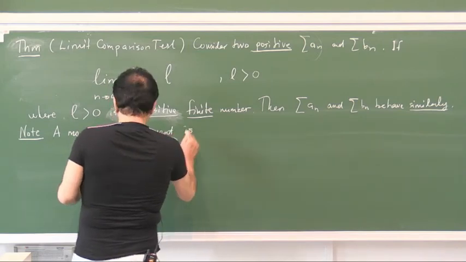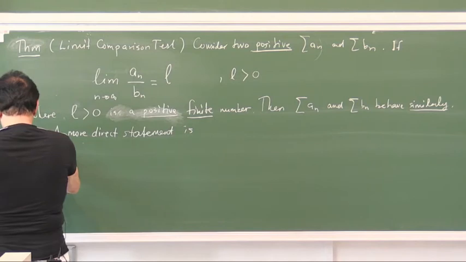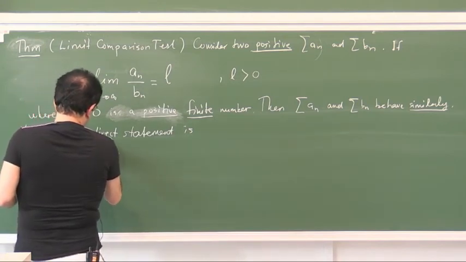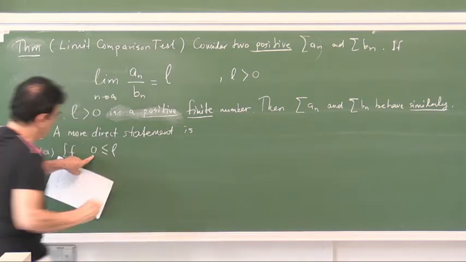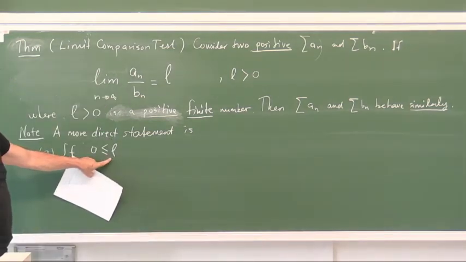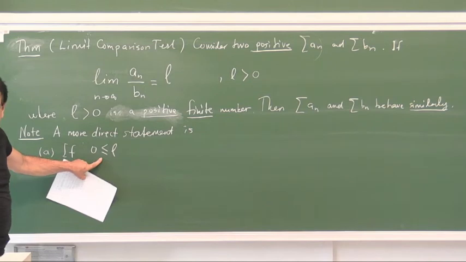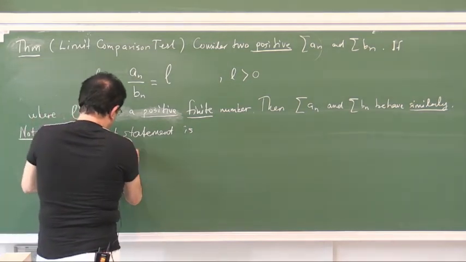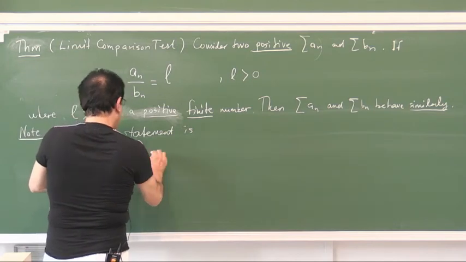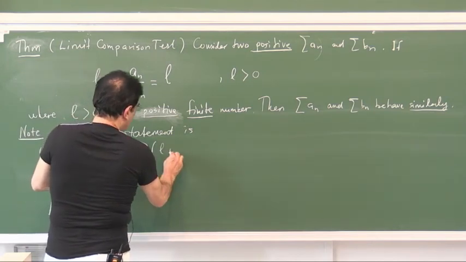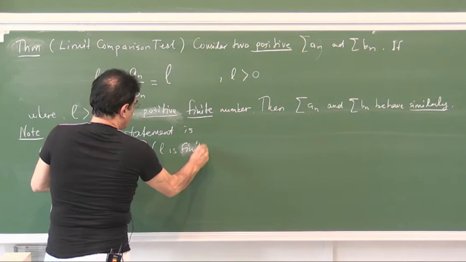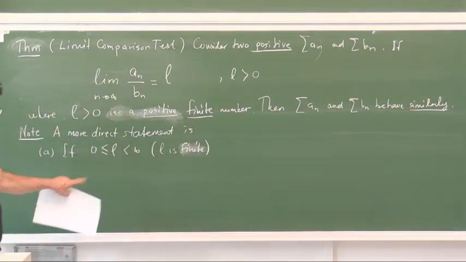the statement is, first, look, if L is positive, but maybe 0, good, including this exceptional case, of course, bounded, L is finite, but maybe 0, okay?